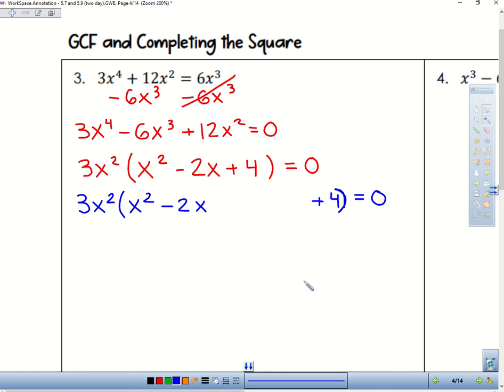That space is going to be filled by the new C term that we create, okay? So here's how you do it. You're going to take whatever half of this number is and square it. What is half of -2? -1. Good. What's -1 squared? 1. So I'm going to add 1.